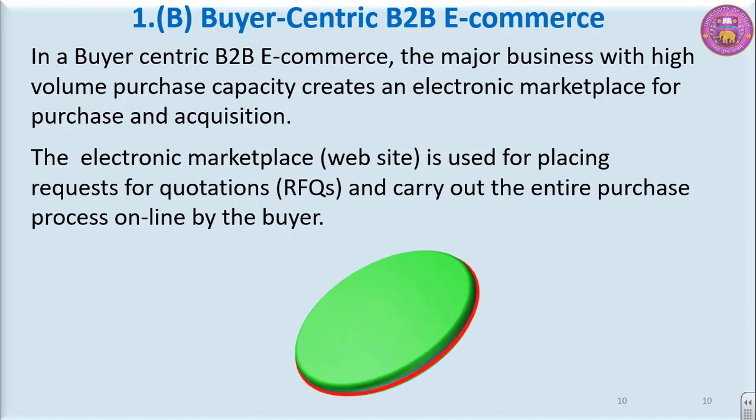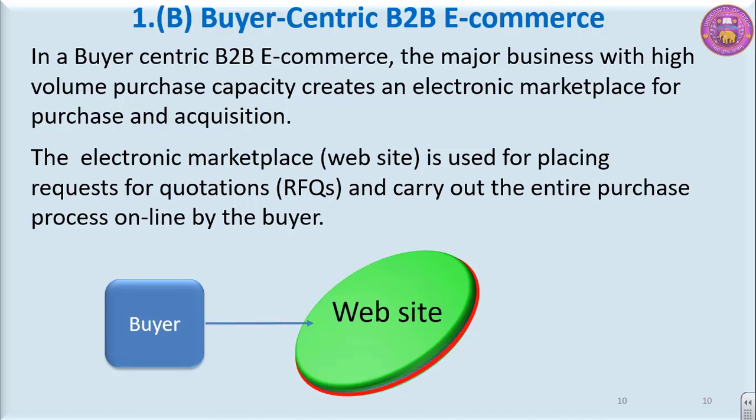Look at this example. Here the buyer is a very powerful buyer. He sets up a website. On the website, a number of suppliers get connected to it to do business.